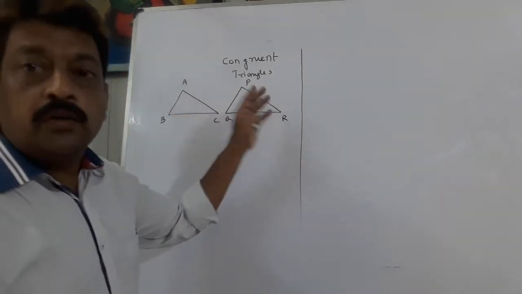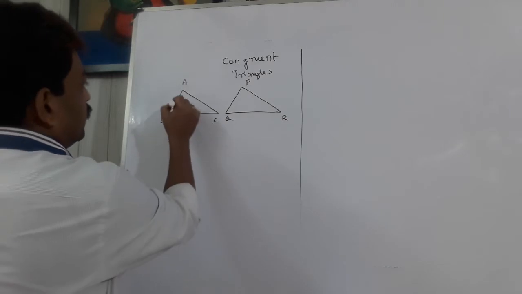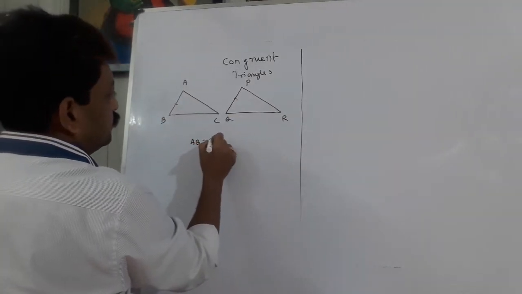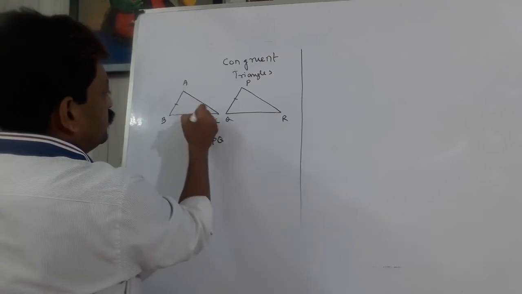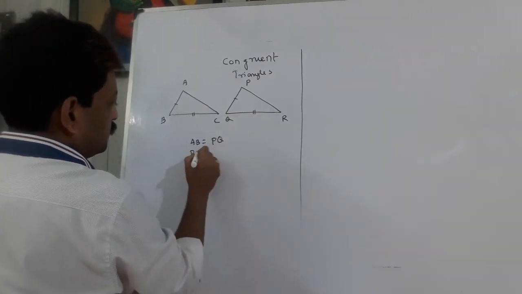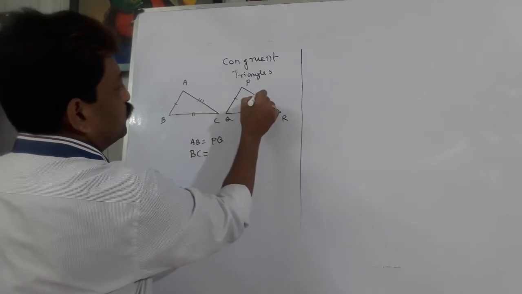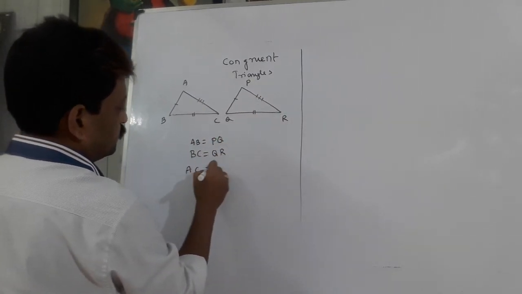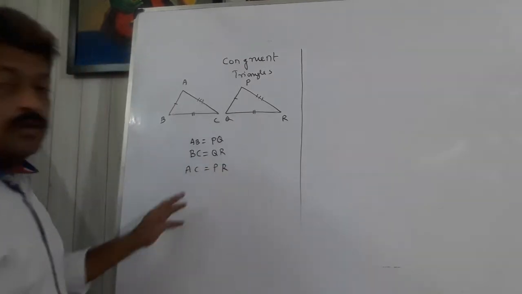So when they become congruent, their corresponding sides become equal. AB will be equal to PQ, BC will be equal to QR, and AC will be equal to PR. Understood?